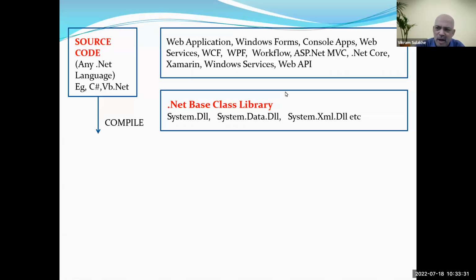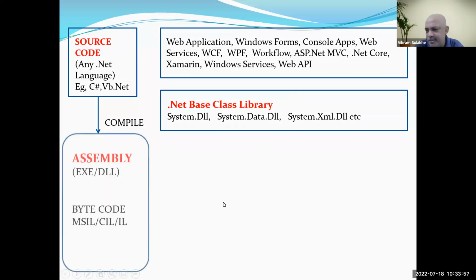If you're working with VB.NET, VB.NET has its own compiler. If you're working with a different language, each language would have its own compiler, right? Now, irrespective of which language and which compiler you use, that does not matter. Whichever one you use, at the end of compilation, after you finish compiling your code, you get an assembly.